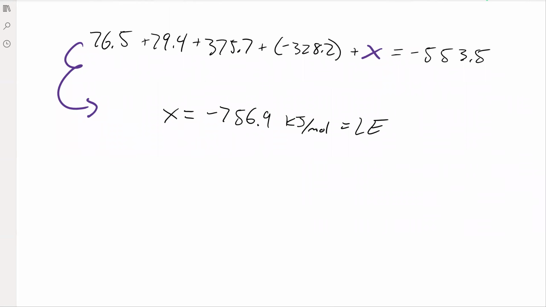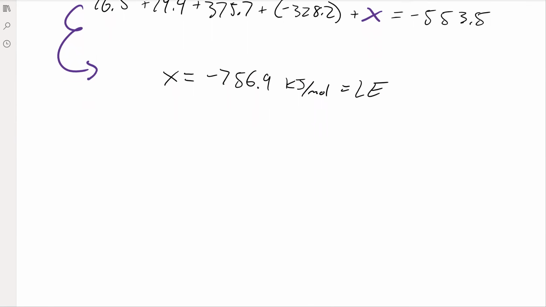That's how much stabilization this interaction between these positive and negative ions releases. Again, note that it's a negative number, so this is causing the system to become more stable, just like we're rolling the ball down the hill.